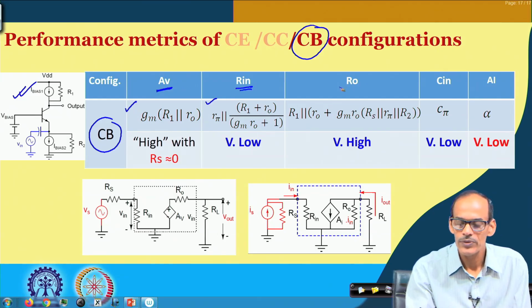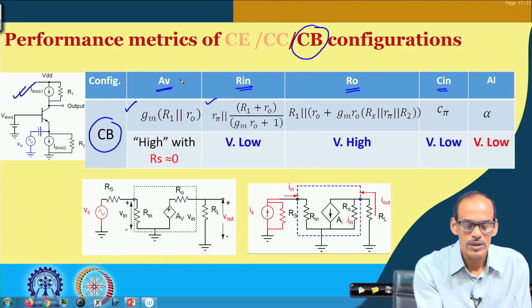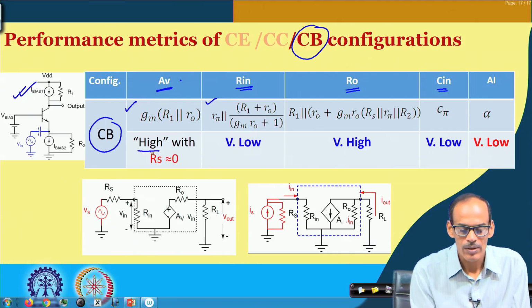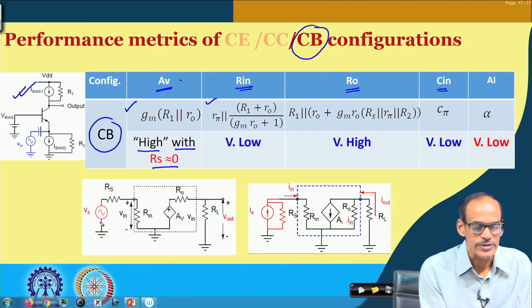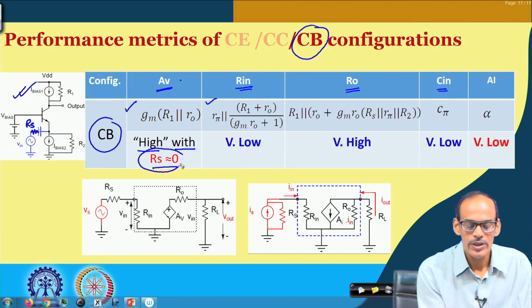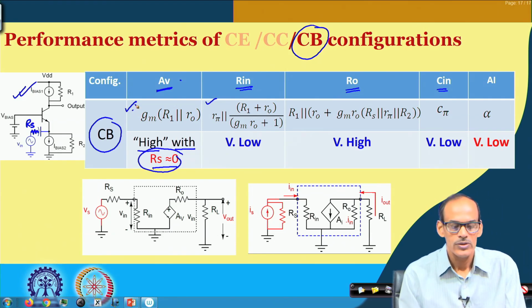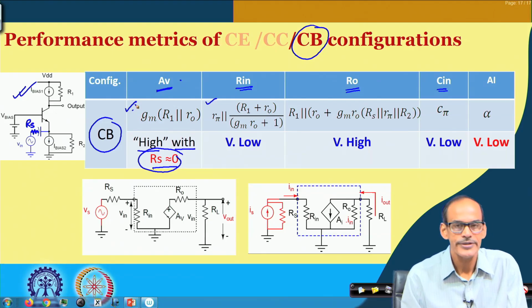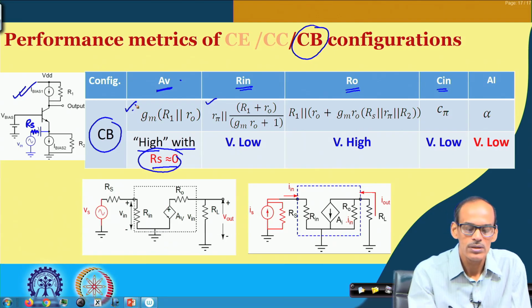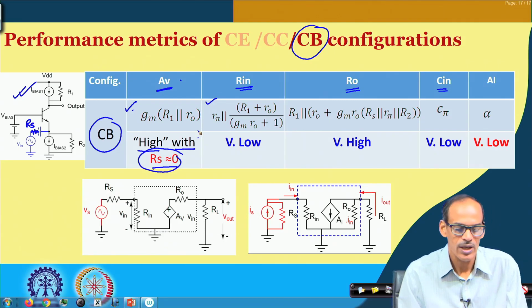If you recall their values, qualitatively you may say that the voltage gain is high, but it is subjected to a condition. If the signal source resistance R s is 0, then only we do get this expression. It is a special case where the source resistance is very, very small, then we can say that its gain is high.